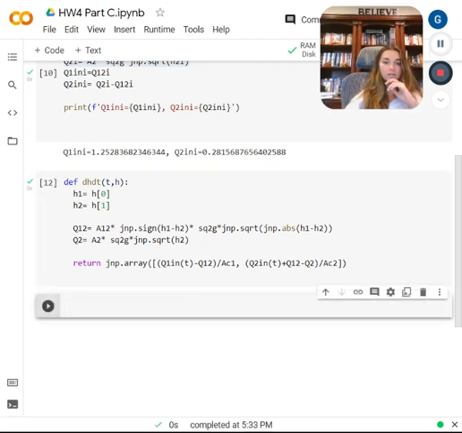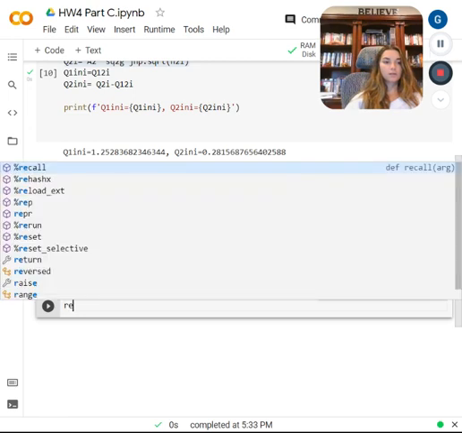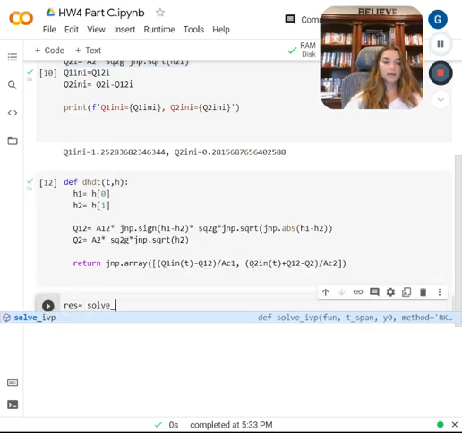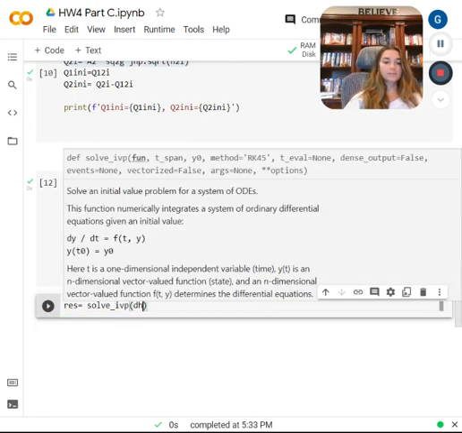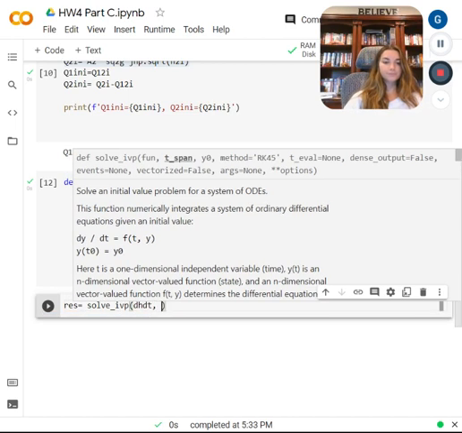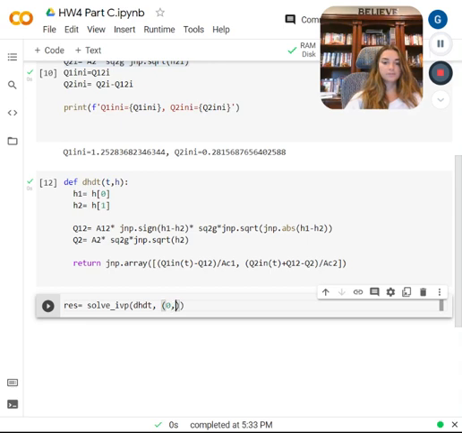Alright, so next we want to solve for our differential equations for the time variation of the fluid heights in both tanks. So we're going to define that as a result for our solve IVP of our right-hand side function. 0, 10 at the end.